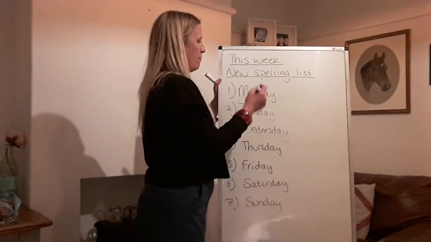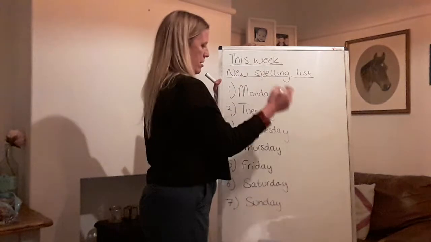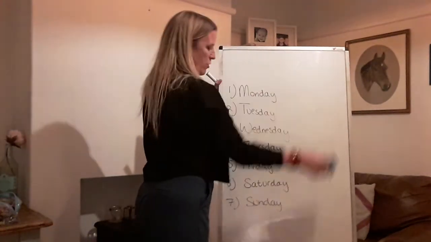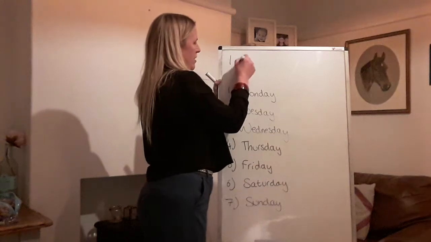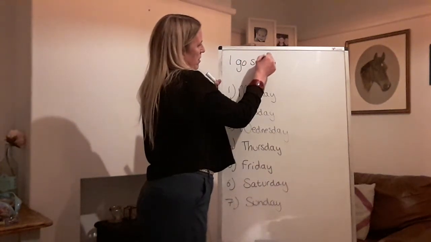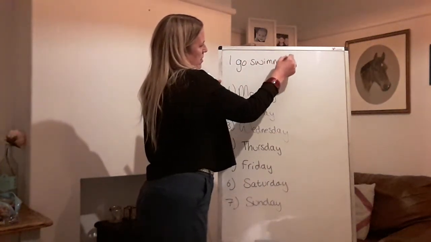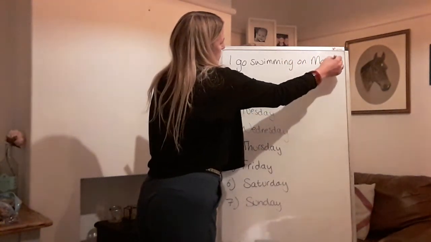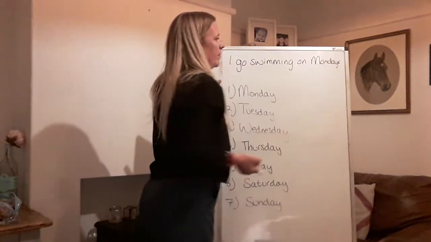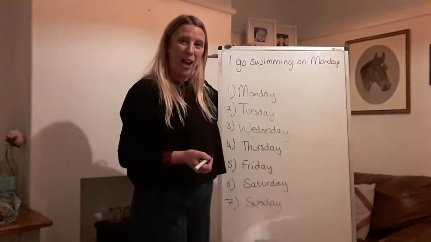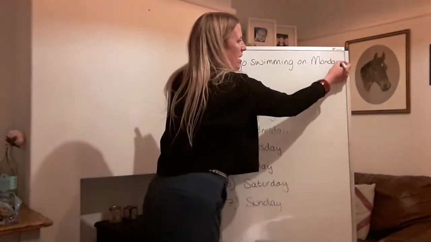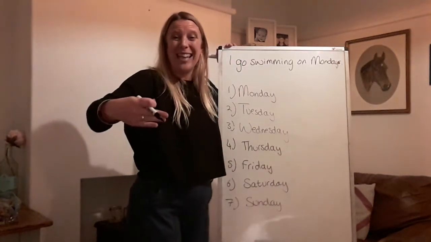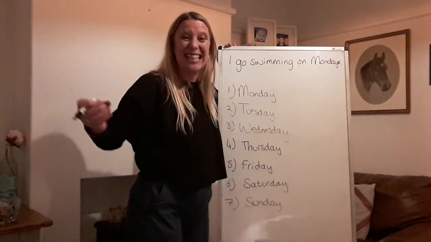So, for example, I go swimming on Mondays. And remember, we put an s when we're talking in present simple because we do it every Monday, so we put Mondays.